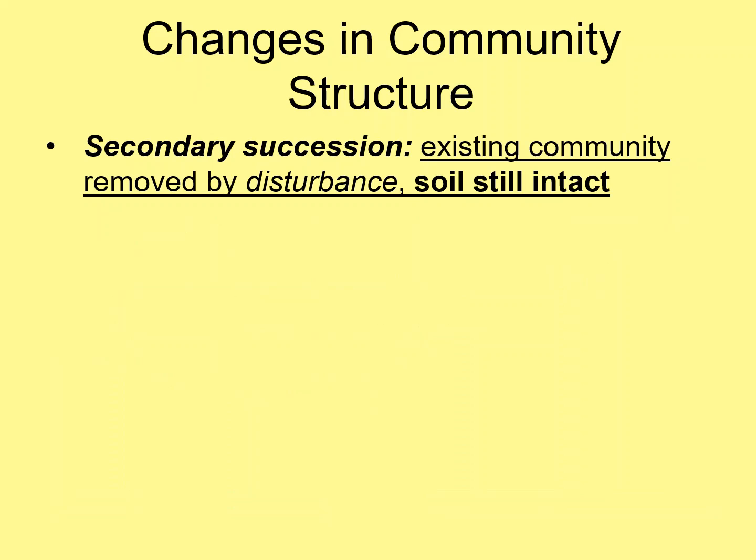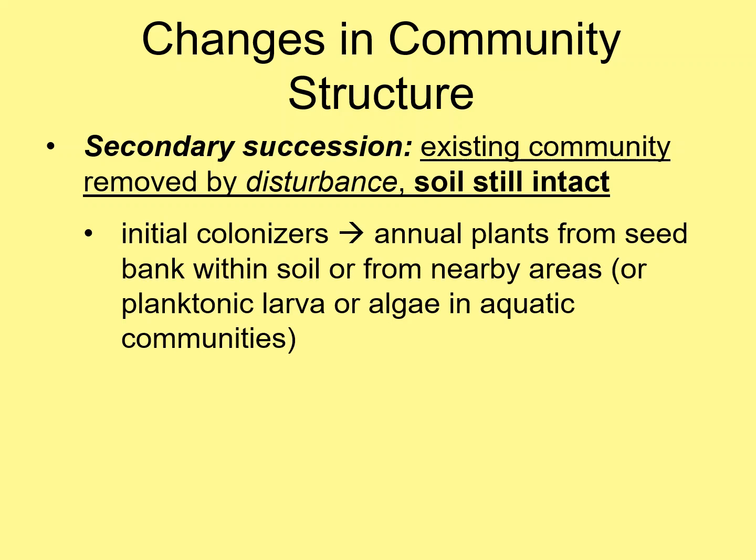So with secondary succession, you're essentially resetting the community back to an earlier successional stage, but you don't have to start over. You don't have to start from scratch because, generally speaking, in the case of terrestrial ecosystems, you have soil. You have essentially a portion of the community that has survived some sort of disturbance or event that has removed a large portion of the existing community, and again reset it to an earlier successional stage.